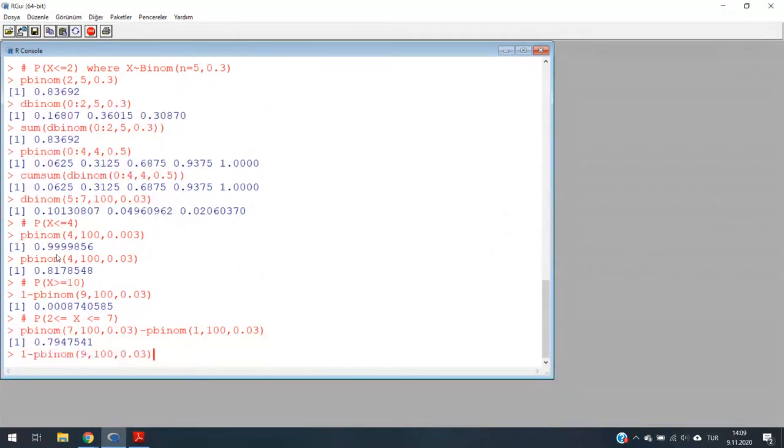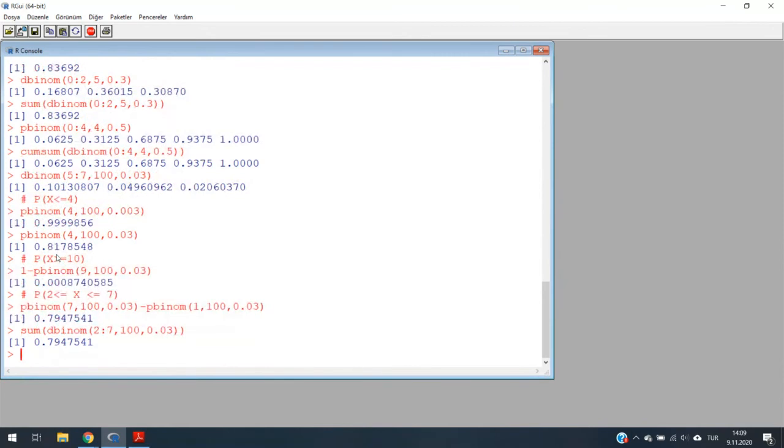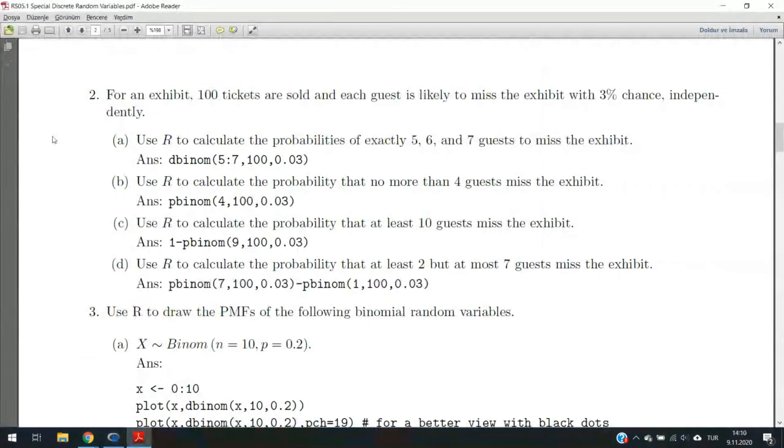Or you could have used the Binomial function from 2 to 7 and sum these probability density values up. I'm sorry, probability mass values up. Still, you would get the same result, okay, in both ways.